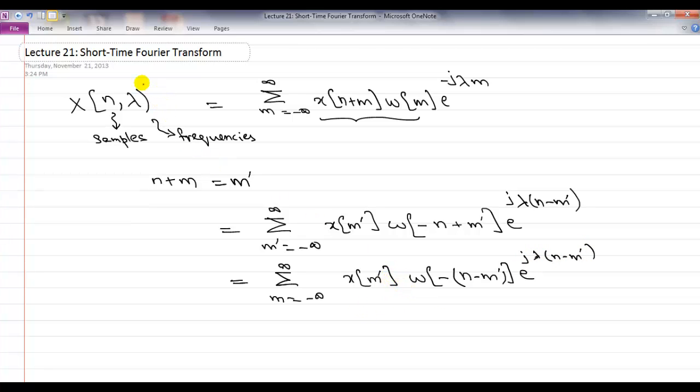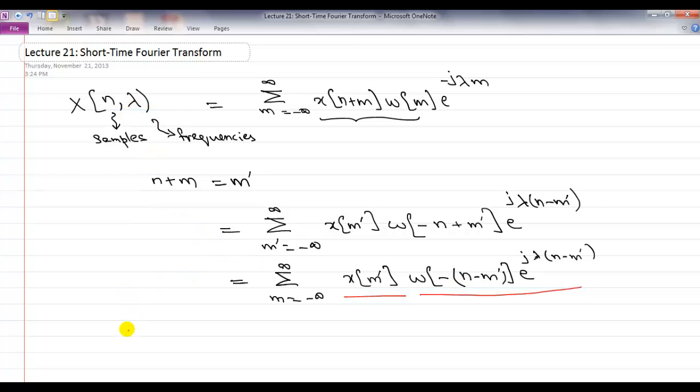Now, if you pay attention to this way of writing the short-time Fourier transform, this is your signal with just different indices. What kind of an expression are we seeing? We have a summation. One signal is fixed. The other signal you have is n minus m prime as a function of n. What kind of operation is this? This is just a convolution operation.